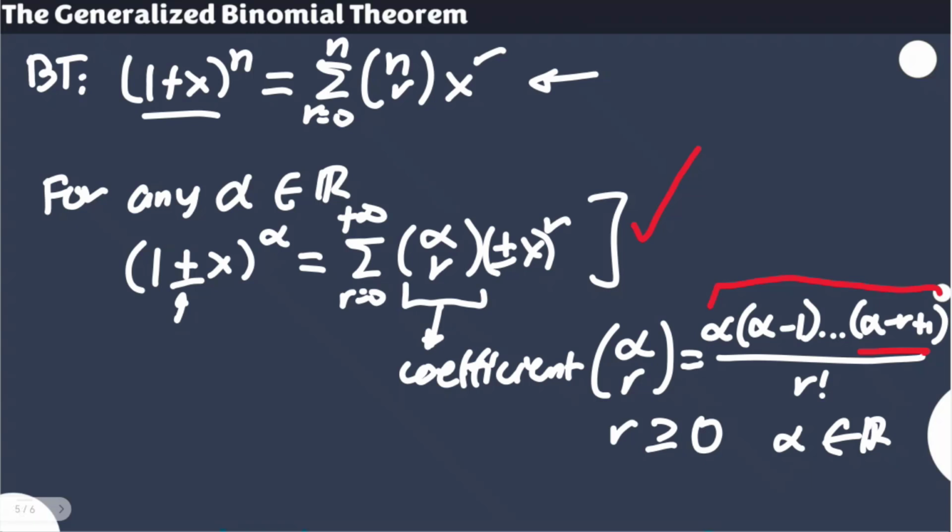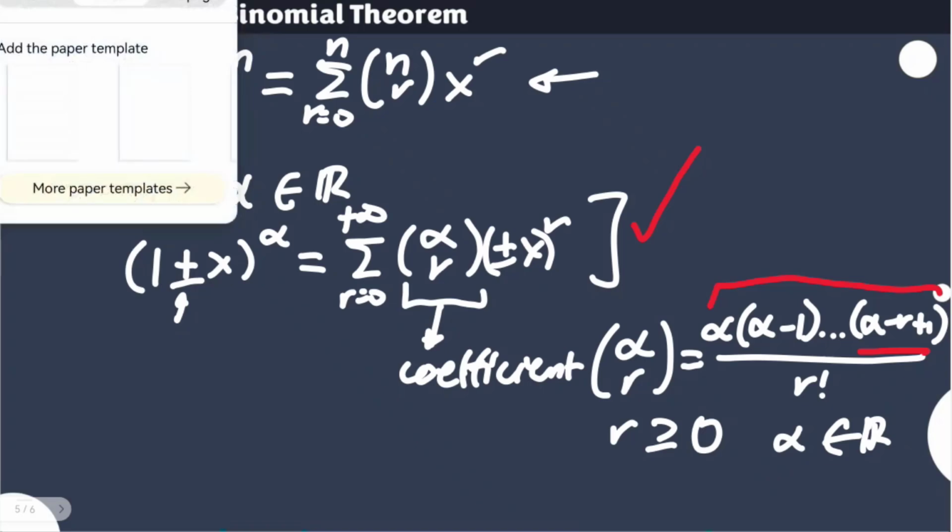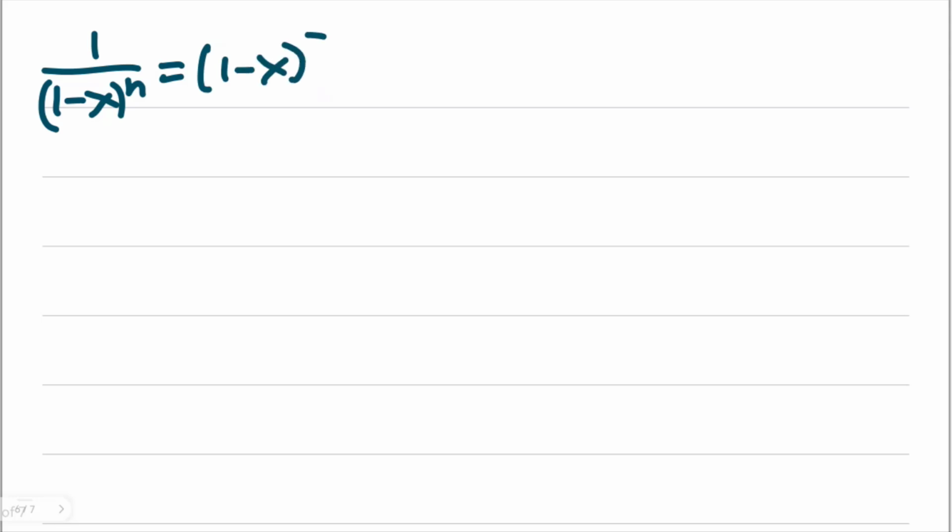Now, to have a little bit of generalization, I'm going to write here in the next page, a more generalized form, if we're going to talk about the term 1 over 1 minus x raised to the power of n. Okay, because this again will bring us to 1 minus x raised to the power of negative n, where our exponent here is also negative.